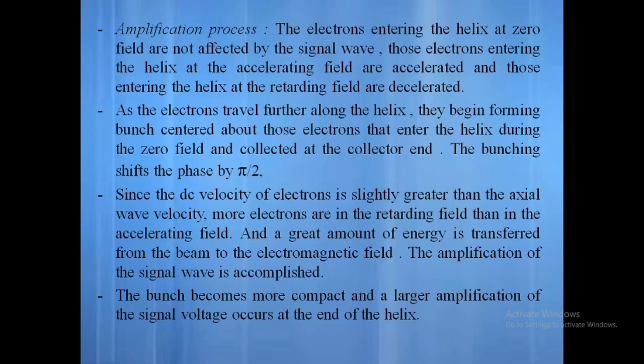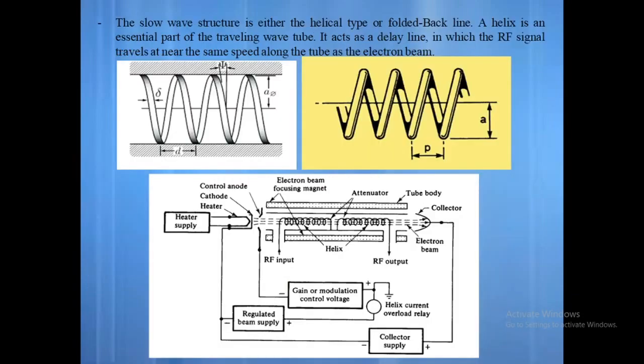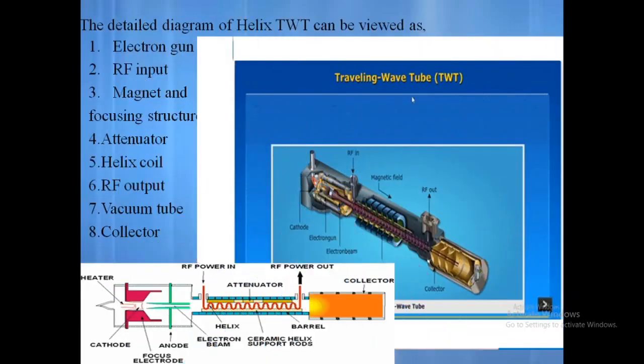The electrons entering the helix at zero field are not affected by the signal wave. Those electrons entering the helix at the accelerating field are accelerated, and those entering at the retarding field are decelerated. Here, I am going back to the slide.